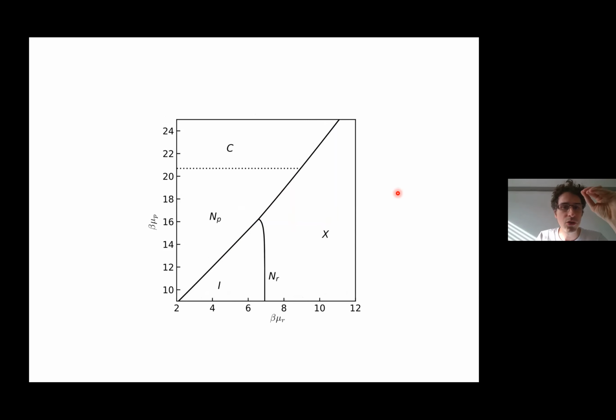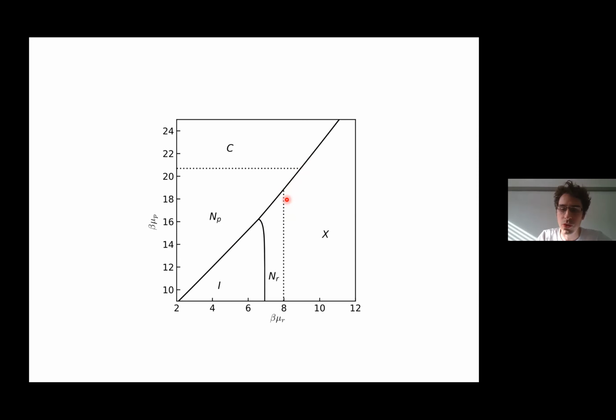We need 2 new binodals, one between the nematic of platelets and the columnar phase, and another binodal between the nematic of rods and the X phase. We approximate these by straight lines. This is a crude approximation, but the order needs to be like this. We cannot interchange the order of these binodals because otherwise we couldn't recover the stacking sequences.